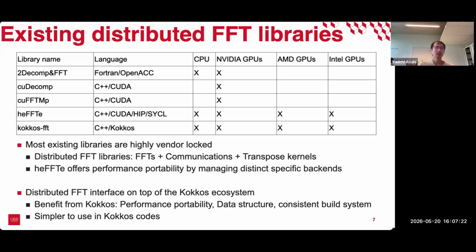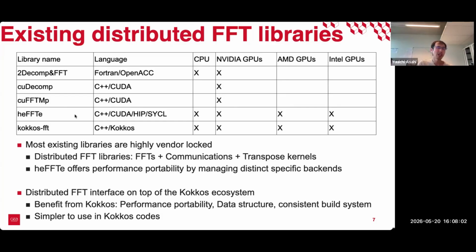So let's now move on to the currently existing distributed FFT solutions. There are multiple. For example, in the Fortran and OpenACC solutions, there is the 2DECOMP&FFT library, which supports CPU and NVIDIA GPUs. NVIDIA offers two solutions: cuDecomp, which is more general than FFT but can be used for FFTs, and of course is only available on NVIDIA GPUs. cuFFTMp is the NVIDIA solution for distributed FFT on top of NVSHMEM, and this one is of course available only on NVIDIA GPUs.